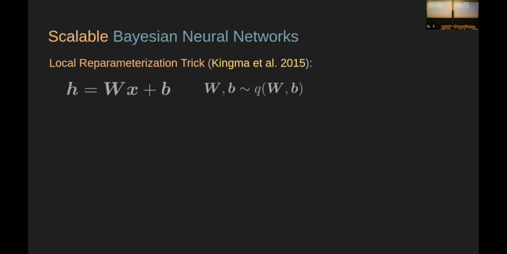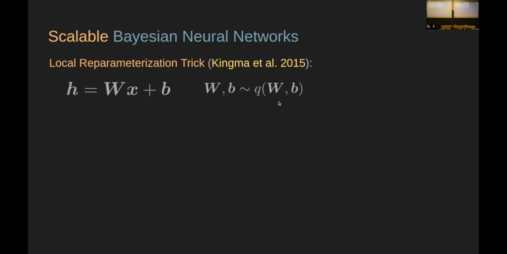So how do you scale this? This is separate from the flow part, but it's a very nice trick that is useful for scaling Bayesian neural nets. It's called the local reparameterization trick. This is one layer in the neural net, and say you have this variational distribution on the weight and bias.